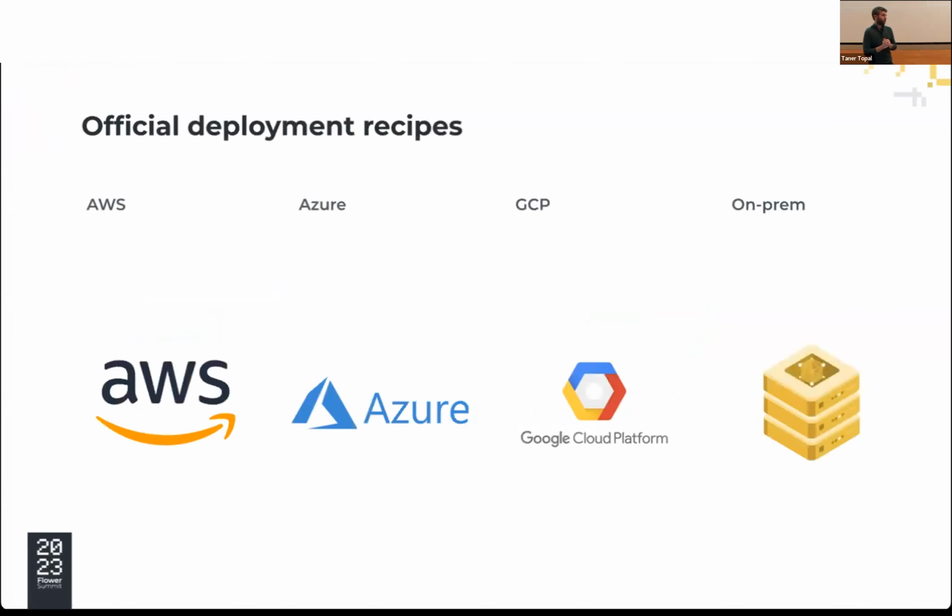And then to make that easier in common environments, not just give you the raw Kubernetes and Docker ingredients, we will also publish official deployment recipes for the most common cloud environments. Initially that's going to be AWS, Azure, and Google Cloud Platform, GCP.